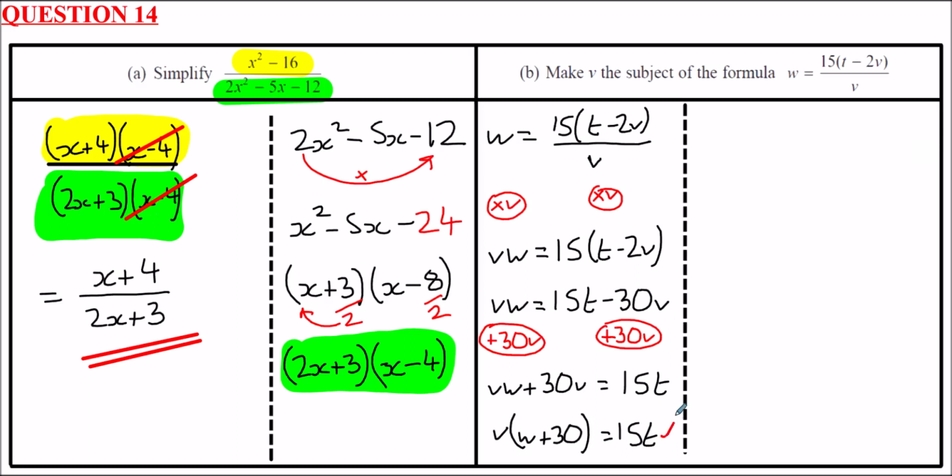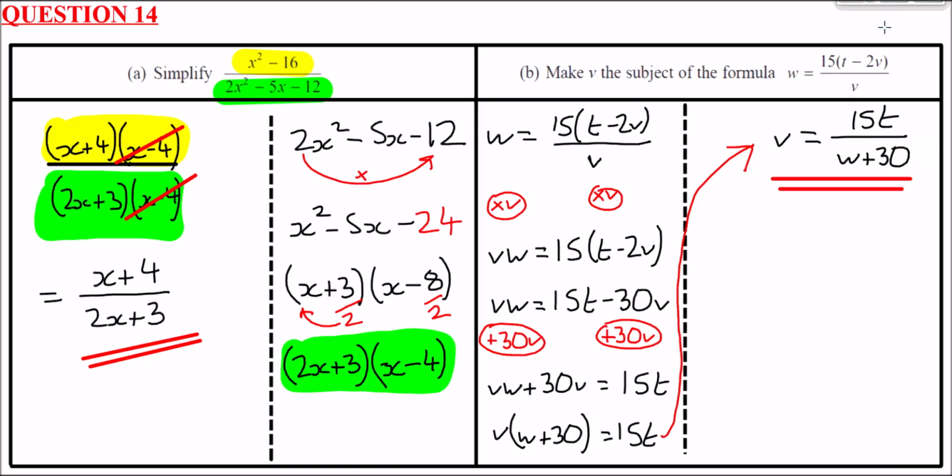Then as a final step, we can now divide through on both sides by w plus 30. So therefore v equals 15t, all of which is divided by w plus 30. V is on its own, we've got it in the form v equals, therefore v is the subject, and we're done.